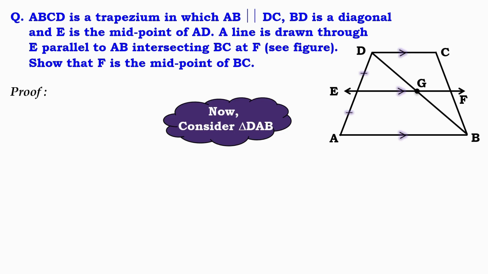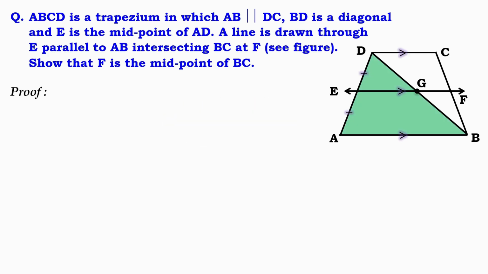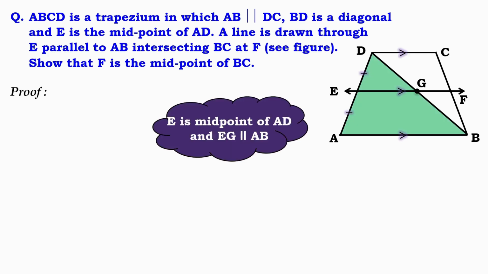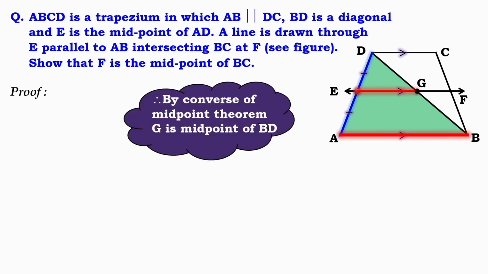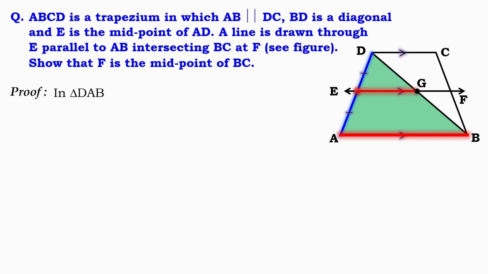Now consider triangle DAB, the highlighted one. E is the midpoint of AD and EG is parallel to AB. Okay. So, by using the converse of midpoint theorem, G is the midpoint of BD over here. Okay. So, we will just write it down.